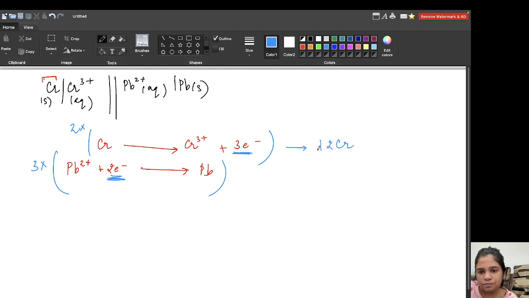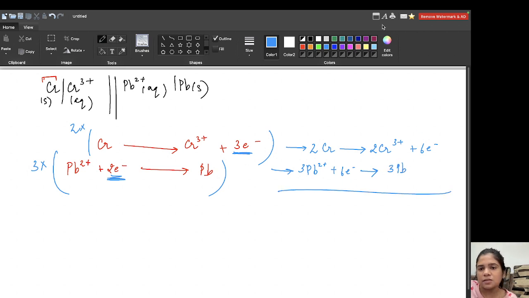So what will you be getting? 2Cr giving you 2Cr3+ plus 6 electrons, and here 3Pb2+ plus 6 electrons giving you 3Pb.